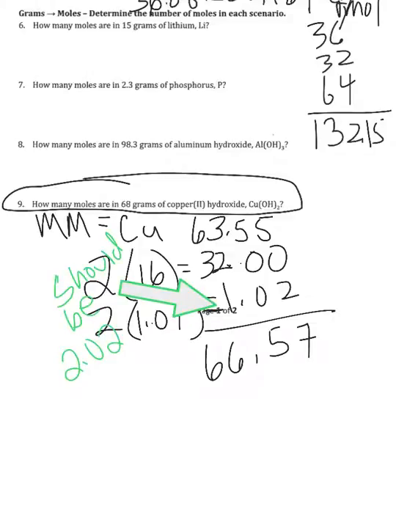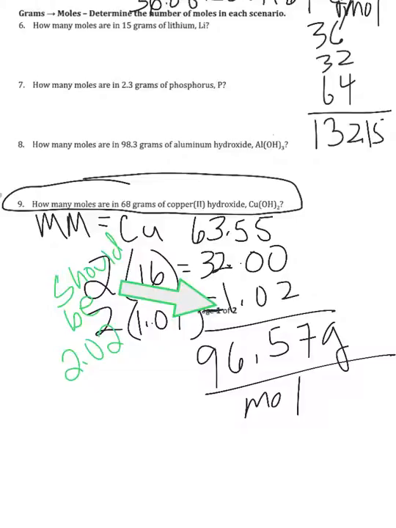That doesn't look right. Okay, I can see why. Alright, so let's try that again. That would be 63.55 and 32 and 2.02, which is 97.57 grams per mole.